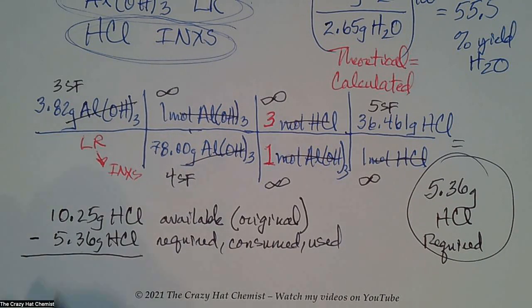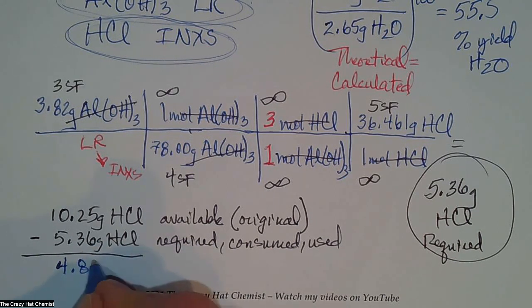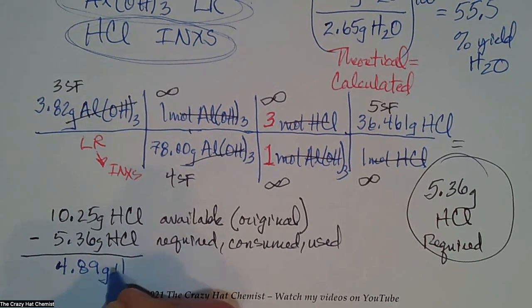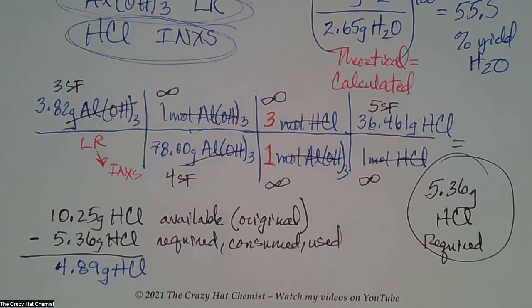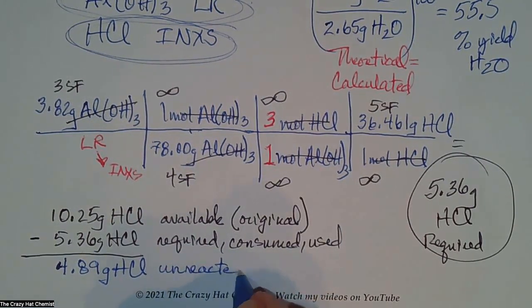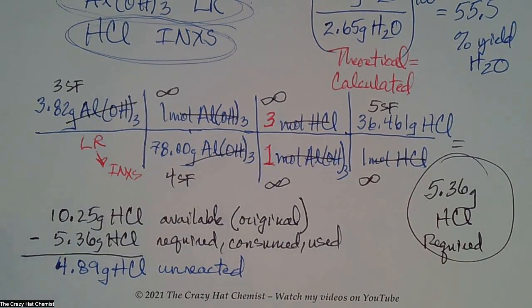So I'm going to subtract these, and I'm going to get 4.89 grams HCl is unreacted. Again, that's 4.89 grams of HCl that is unreacted, available for another reaction if you wanted to.